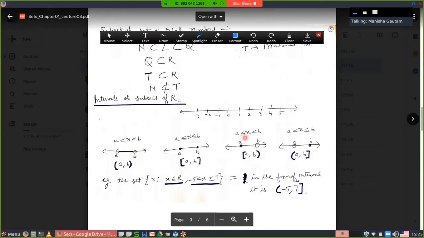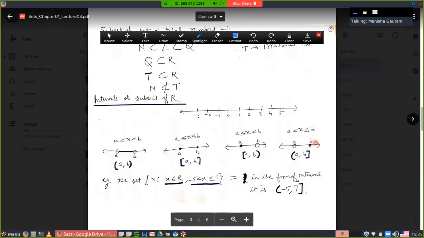The equal sign is there in the notation: x greater than or equal to A, less than B. Where it is semi-closed, it means here is a big bracket and a small bracket at the right side. Now it is semi-open. First bracket is open and second is closed. On the side of B you will put a filled circle on the number line, and on the left-hand side you have to put an empty circle, and write down like this: x greater than A, less than or equal to B. These are the ways to represent real numbers in interval form.